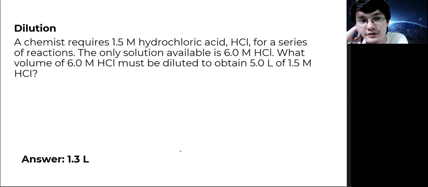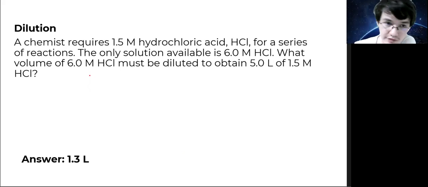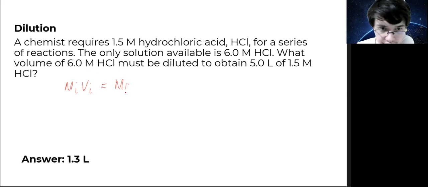What volume of 6 molar hydrochloric acid must be diluted to obtain 5 liters of 1.5 molar hydrochloric acid? So in this formula, initial molarity times initial volume equals final. This is usually what we are looking for, the volume that we will take from the parent solution.